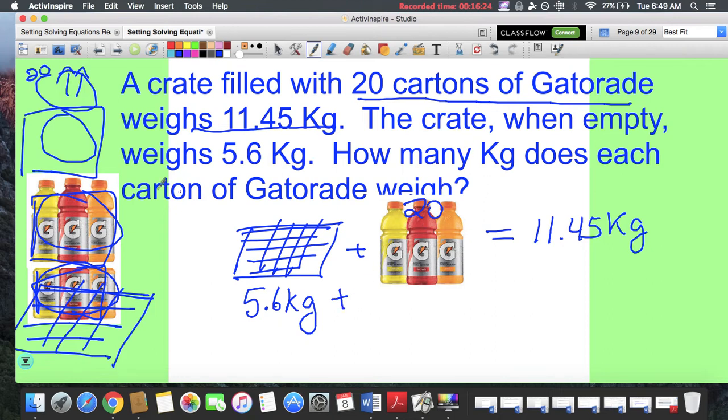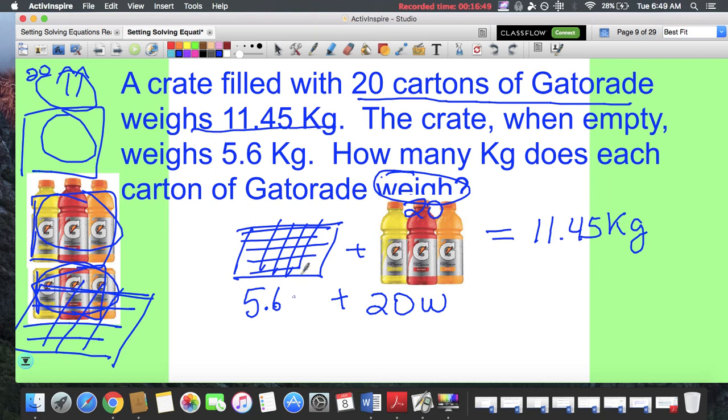So they want to know how much does one box of Gatorade weigh. So how many boxes of Gatorade do we have? 20, right? And how much do they each weigh? I don't know. So we want to know. This is the unknown. How much they each weigh. So we're going to use the letter W.